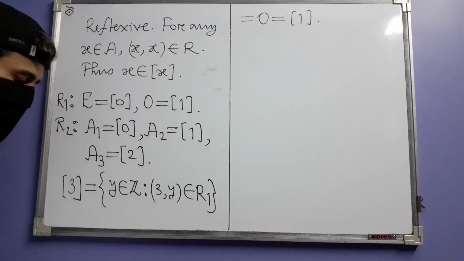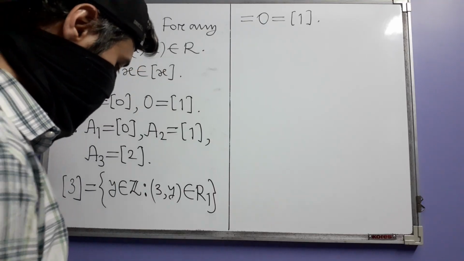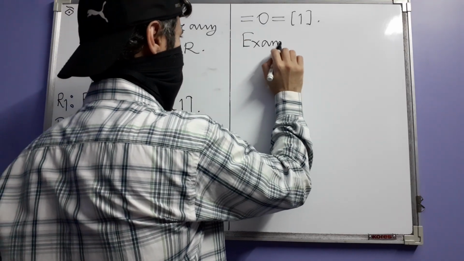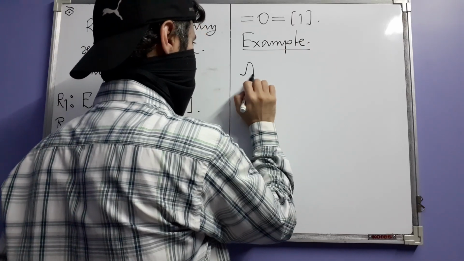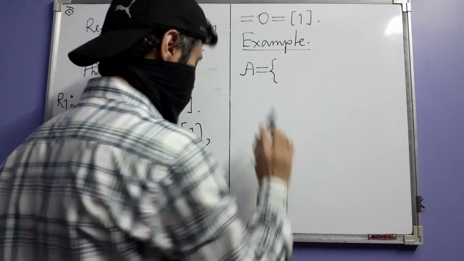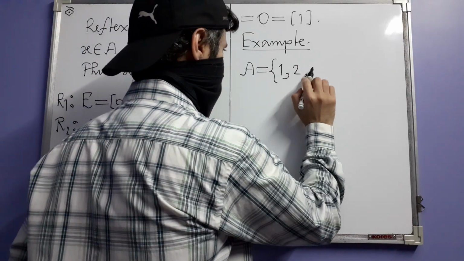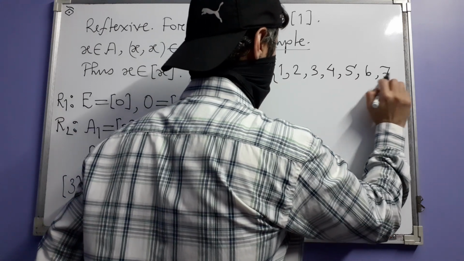There is one more example with which this section itself ends. In that example, you have a set. Let me straight away write the set: 1, 2, 3, 4, 5, 6, 7.